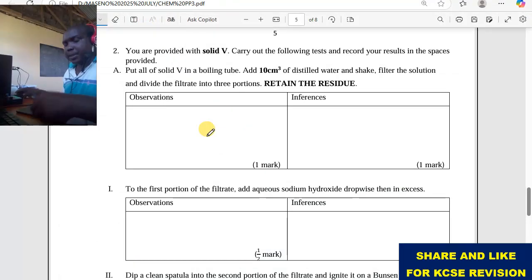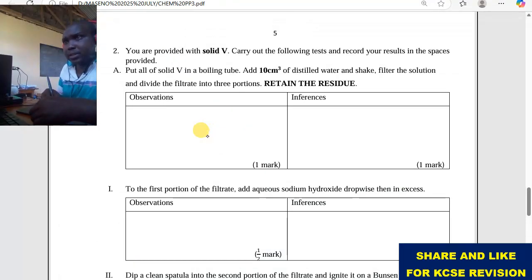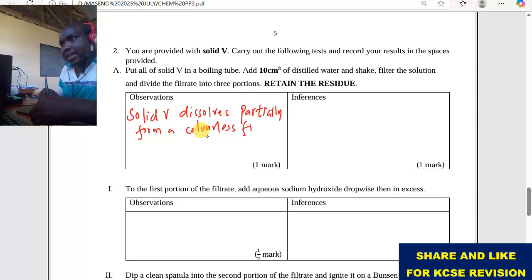Therefore, solid V dissolves partially to form a colorless filtrate. The filtrate is colorless.